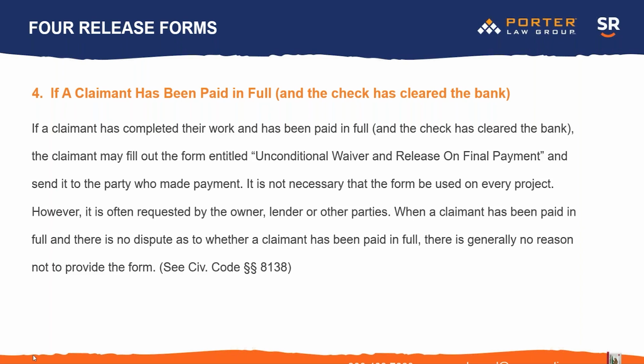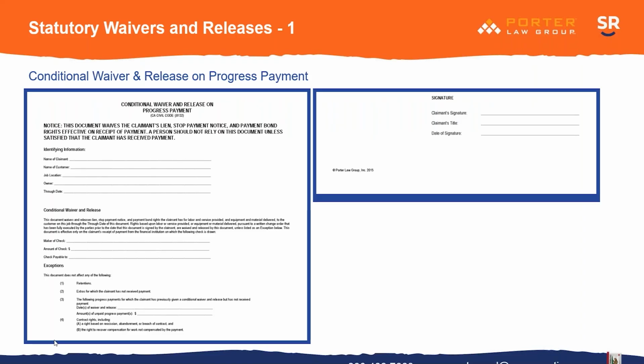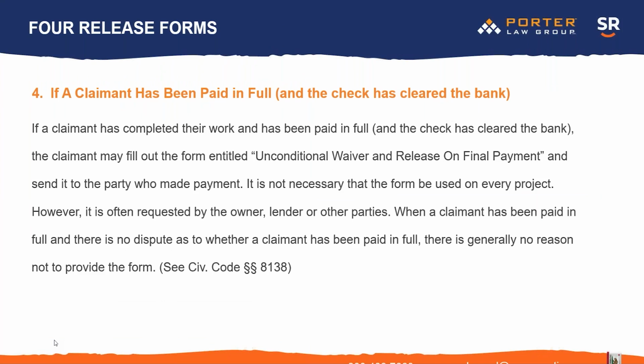Now, let me add one more thing before we go to the next slide, is that there is another type of release, but it's different. If you have an actual lawsuit and you have to have a settlement agreement, then you're going to have a release that is part of the settlement agreement. Okay, but that's when you settle a whole lawsuit or a major dispute.